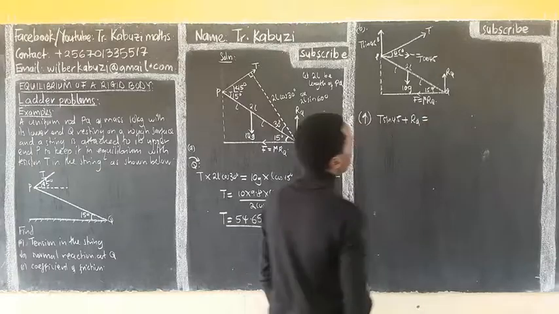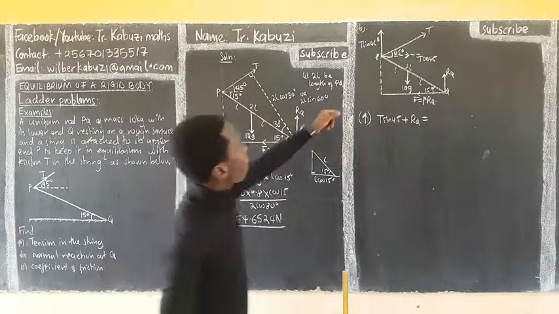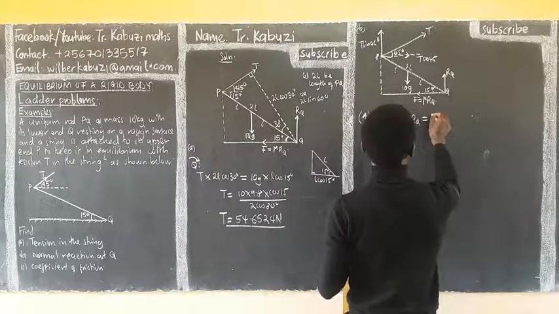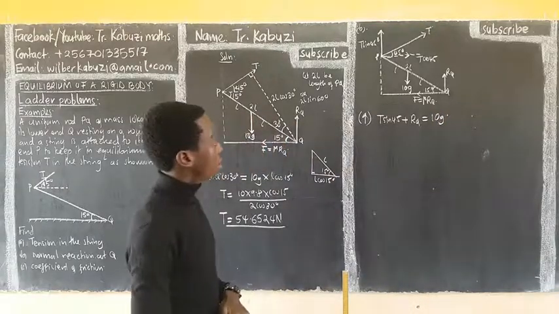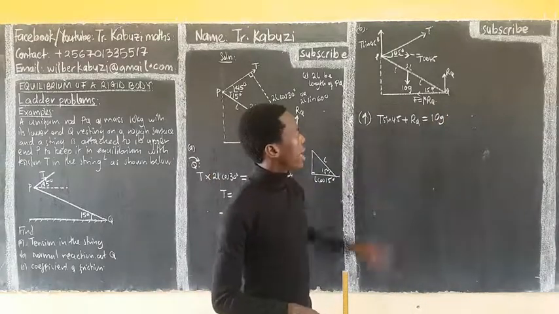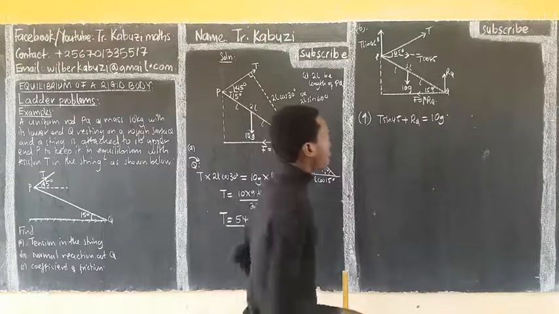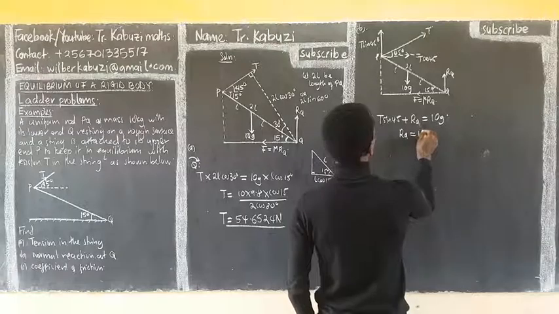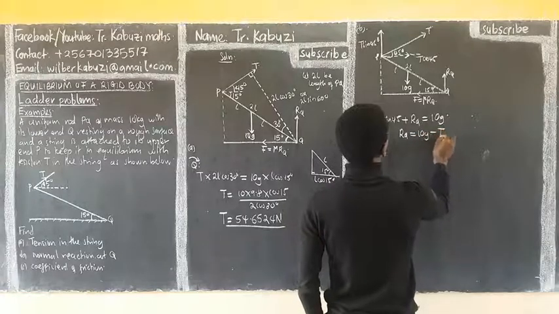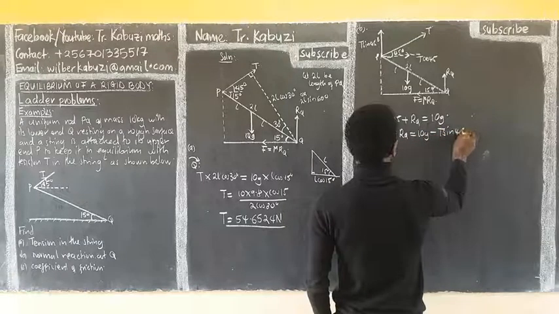Because the system is in equilibrium, it equals 10g. I call that my equation. Now I have T, I need R cube. We know what g is. So our R cube is going to be 10g minus T sine 45.